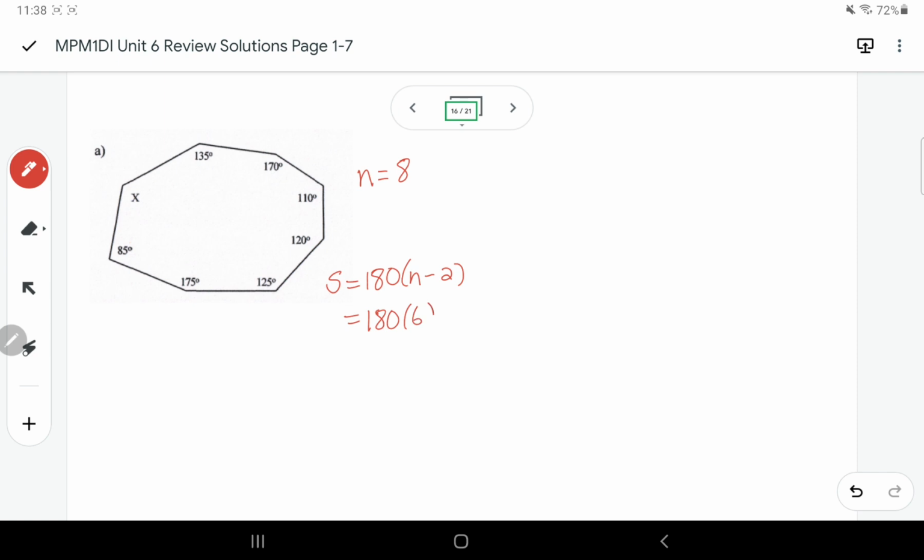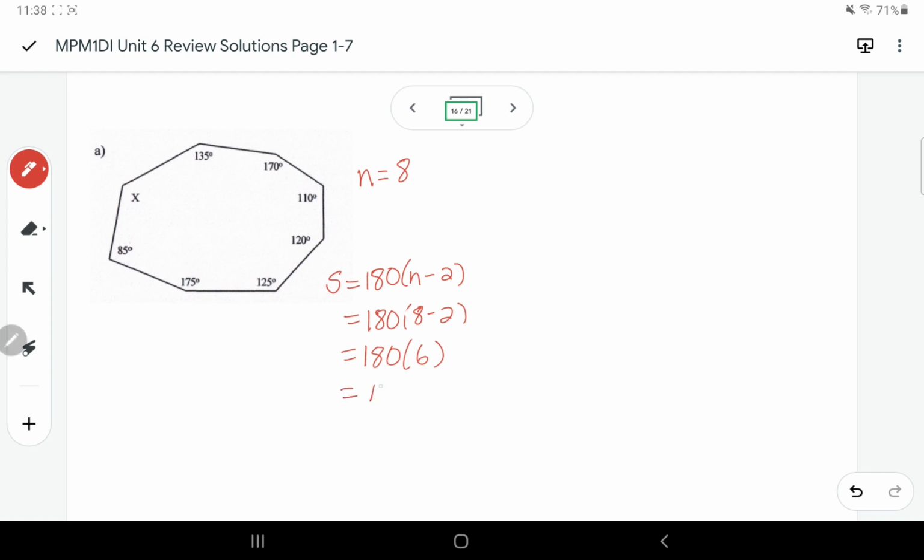So I'm going to do 180 times 6. Actually, I'll show that step. I'll do 8 minus 2 just to show I'm using my n equals 8. So 180 times 6 is 1080.